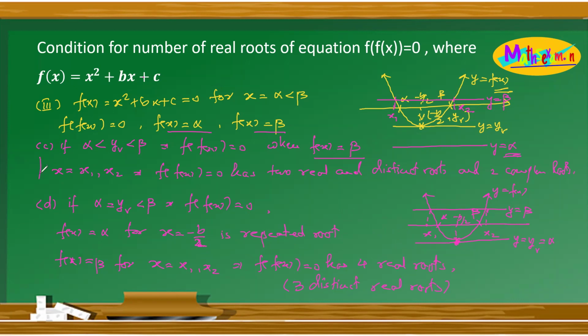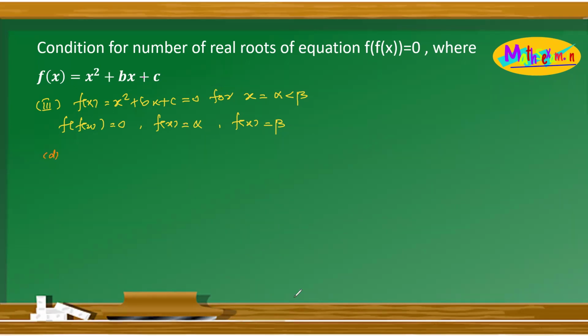So once again, I will rub off this part. Now let us look into the last part, that is, when y of v is less than alpha, which is less than beta.